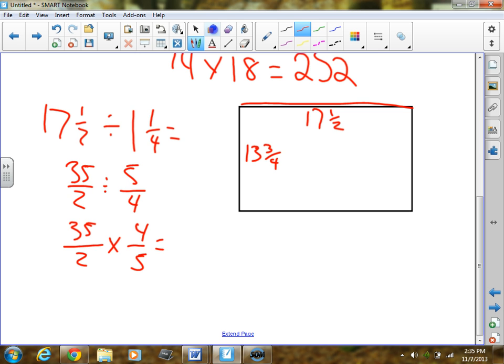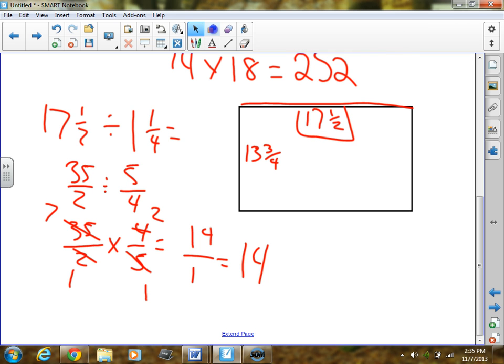When I solve it out, it's going to cross multiply. So it's going to be 1 and 7, and 1 and 2. It's going to be 14 over 1, which equals 14. So I'm going to need exactly 14 tiles on this one.